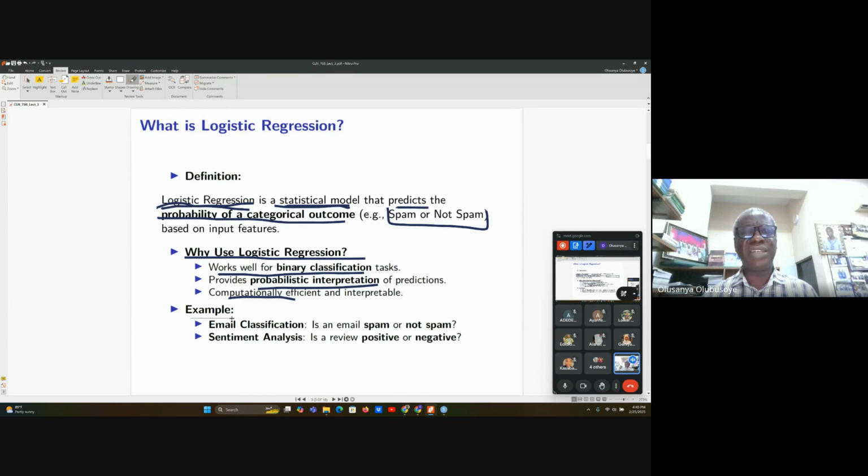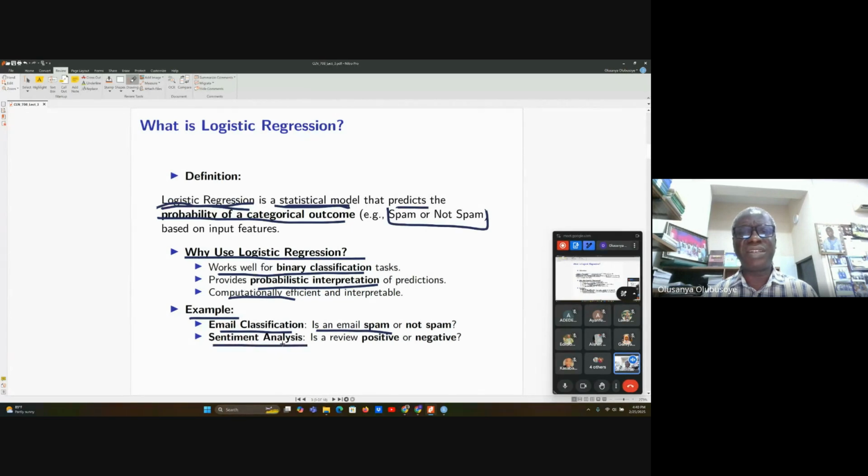So what are the examples? I've given you an example of email classification. You can be interested in predicting whether an incoming email is a spam or not a spam.